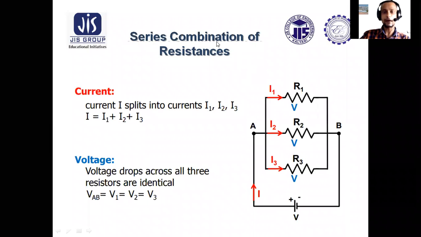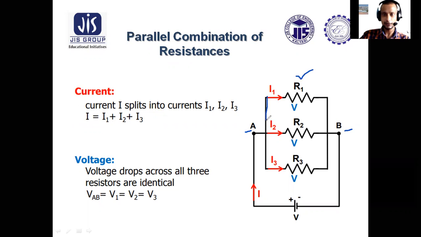Now let us come to parallel. For parallel combination, see, this is point A, this is point B. In between A and B, R1 is connected. Similarly, R2 is connected in between A point and B point.